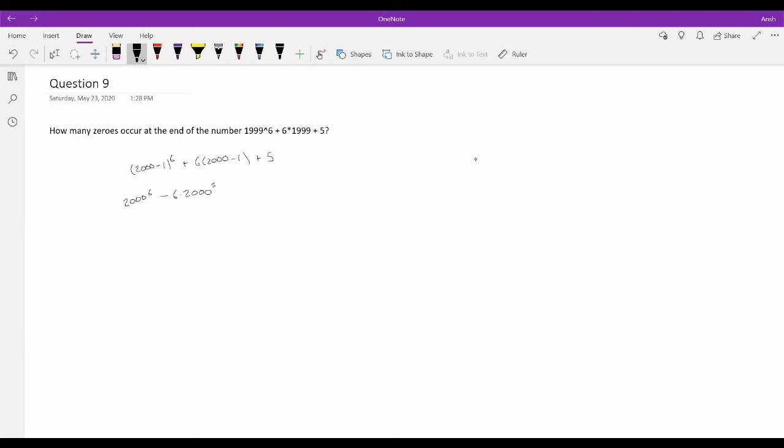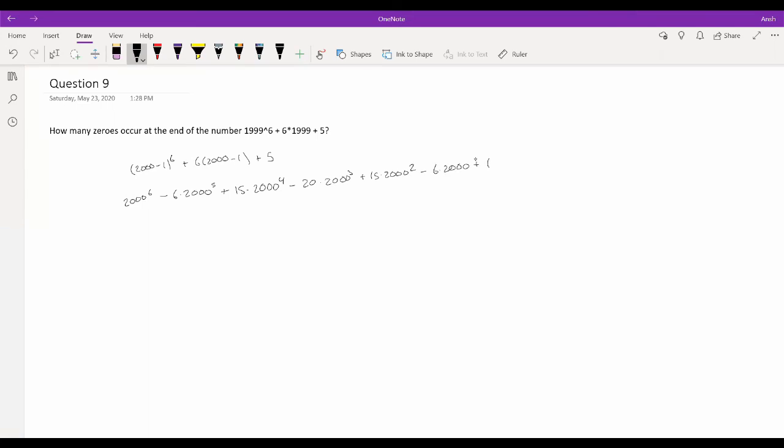The next term would be positive again, and it'd be 6 choose 2, which, if some of you memorize Pascal's triangle, would be 15. So it'd be 15 times 2000 to the 4th. Then our next term would be minus 20 times 2000 cubed plus 15 times 2000 squared minus 6 times 2000 plus 1.